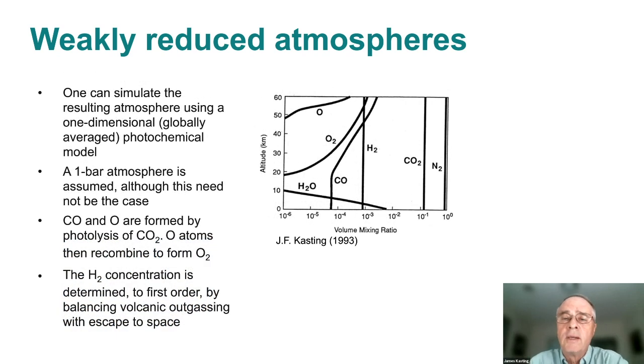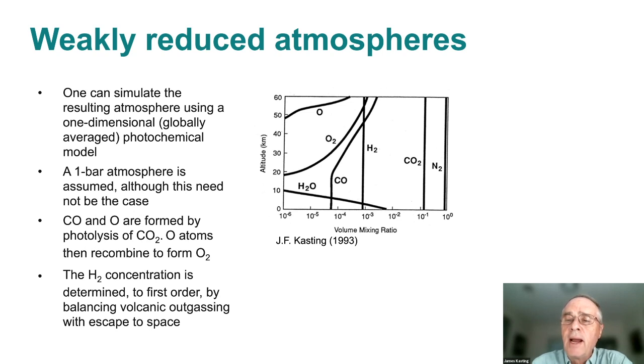All right, so today Ruby's logic has prevailed. One of my academic mentors at University of Michigan, James Walker, was actually a key person in pushing Ruby's ideas. And so we now think that the early atmosphere was what we call a weakly reducing atmosphere.